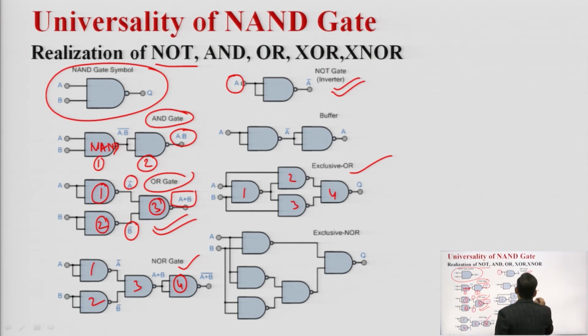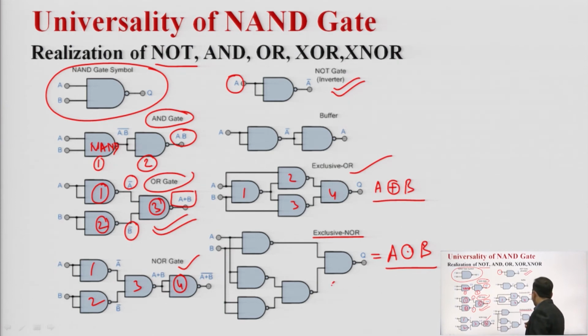So the output is A XOR B. Similarly, after XOR we have XNOR, then the output is equal to A XNOR B, something like this. So here we required 5 NAND gates.